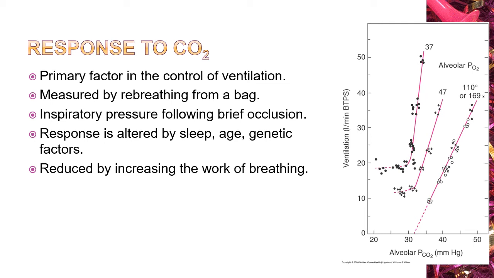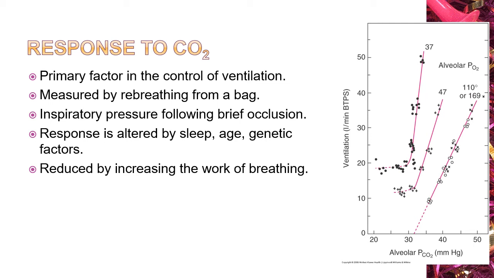The body works optimally at a certain value, a certain chemical composition, and we don't want that to change a lot. And having a lot of carbon dioxide will change that. So that is why the change in carbon dioxide, only from 40 to 46, is the only allowed change.